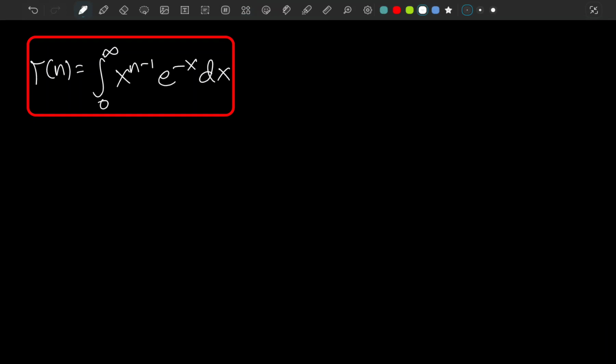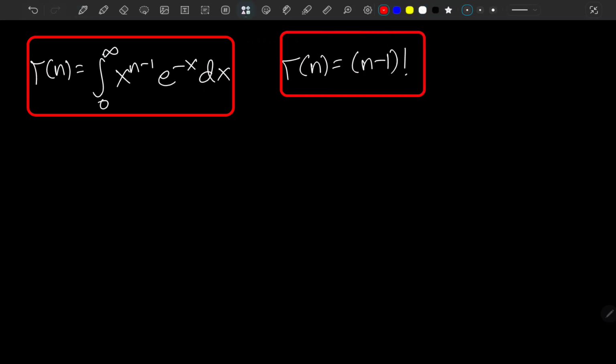I showed you that gamma of n is n minus 1 factorial.